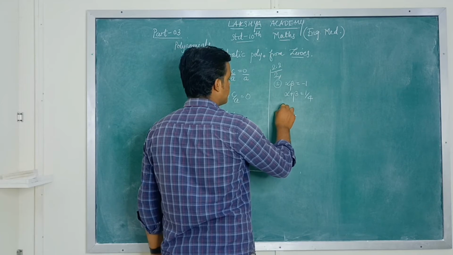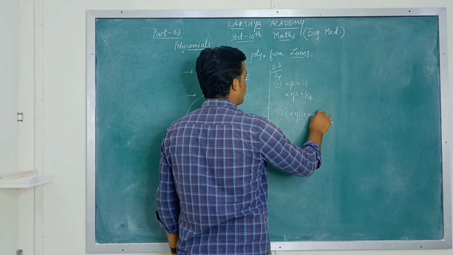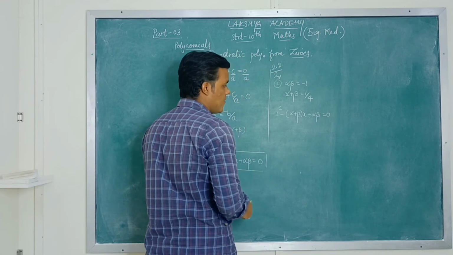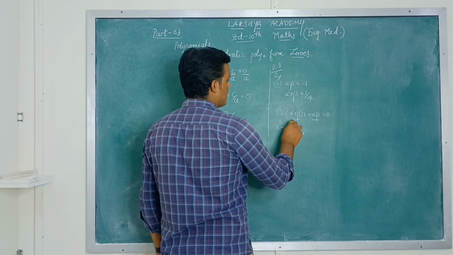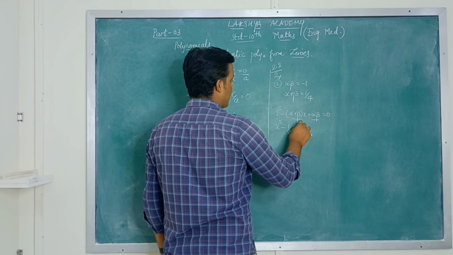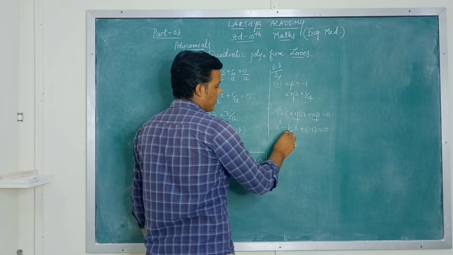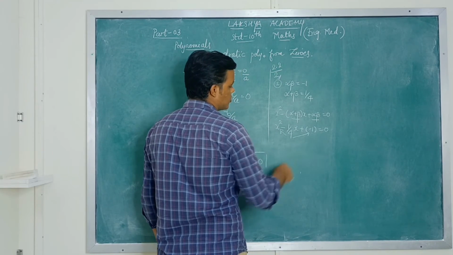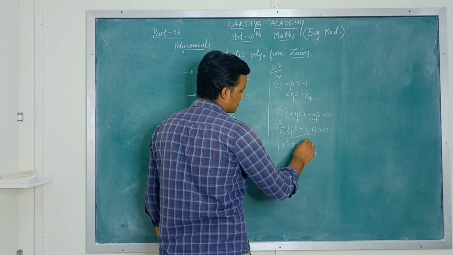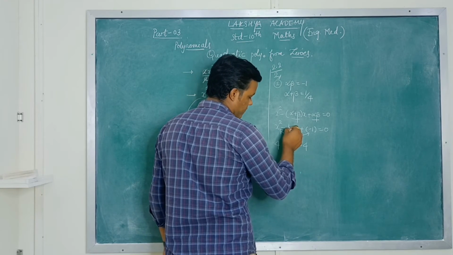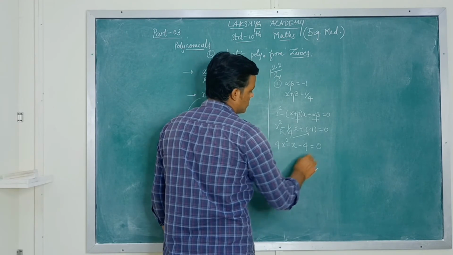x square minus alpha plus beta x plus alpha beta equals 0. I will substitute these values. Then x square minus 1 by 4 x plus minus 1 equals 0. Now 4 will be multiplied with this too: 4x square minus x minus 4, and that 4 will multiply with 0 equals 0.